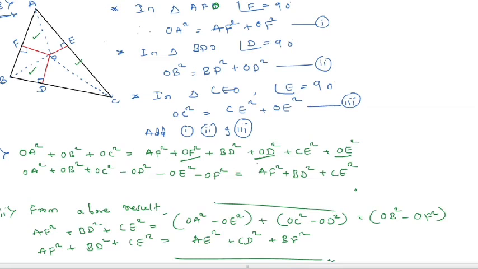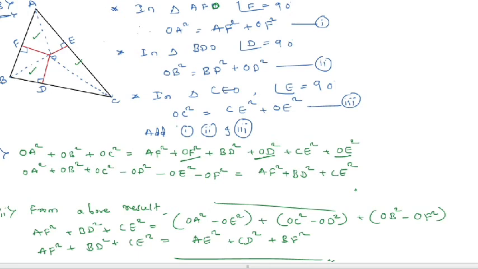In that, second question is there. Prove that AF square plus BD square plus CE square is equal to AE square plus CD square plus BF square. So, it is also simple. From the above result we can write AF square plus BD square plus CE square is equal to, rearranging, OA square minus OE square in one bracket, and another one OC square minus OD square, then OB square minus OF square.